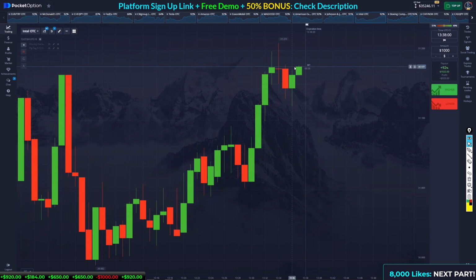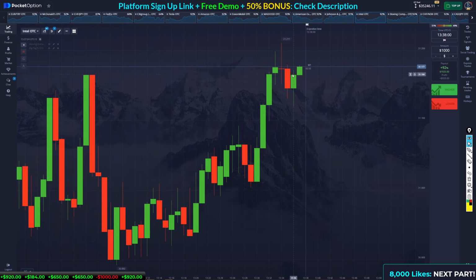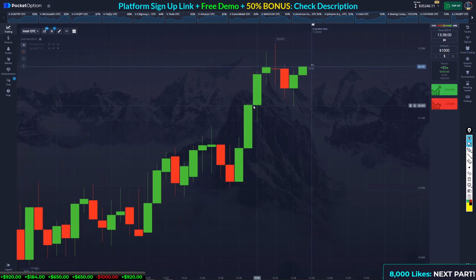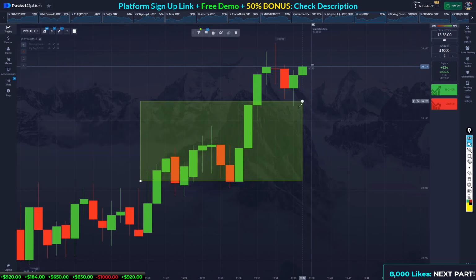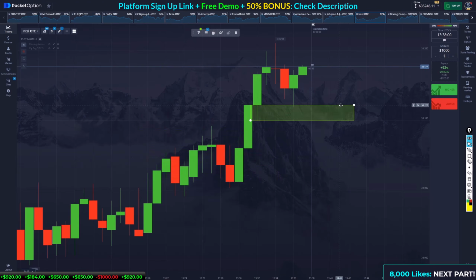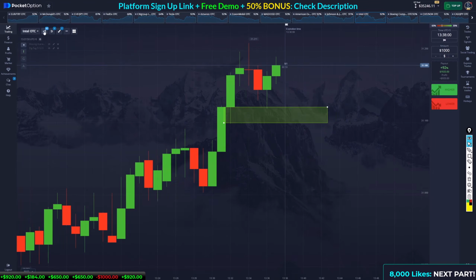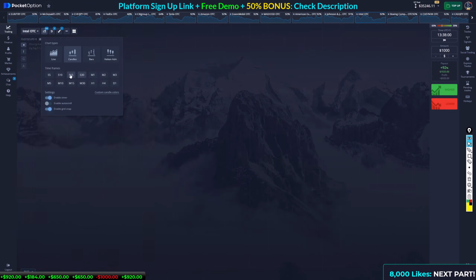But I waited for this one. I was a bit skeptical to take this trade. If you look, I was just thinking, and then I thought we might have something down here. I already know we have, right? We have some supply and demand, and the market came down to take that. We know that the market keeps switching between supply and demand, right?